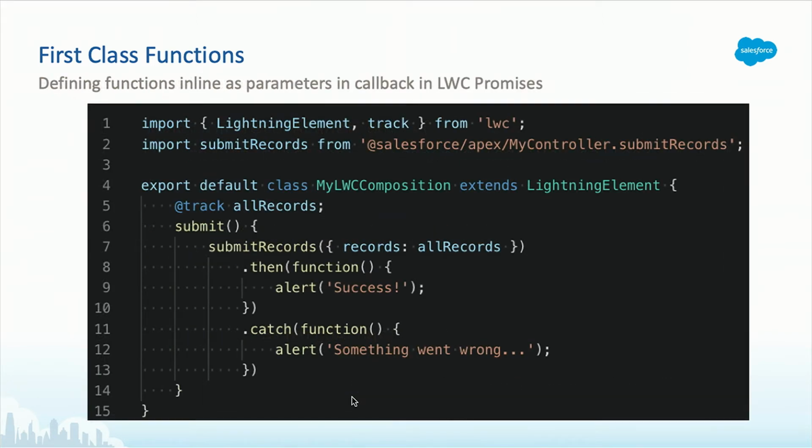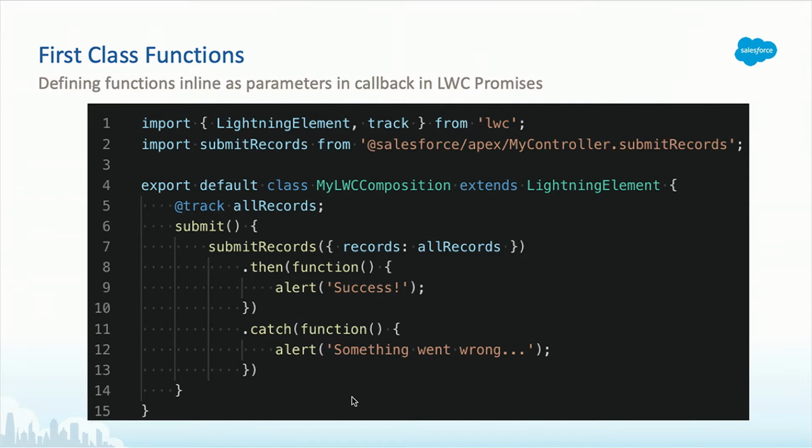You're going to see this a lot in LWC, especially with callbacks and promises. Now here I've imported a submitRecords method from an AuraEnabled Apex controller. LWC imports Apex methods as JavaScript promises. Now, I won't get too much into promises, but that's what allows you to do that then-catch functionality.